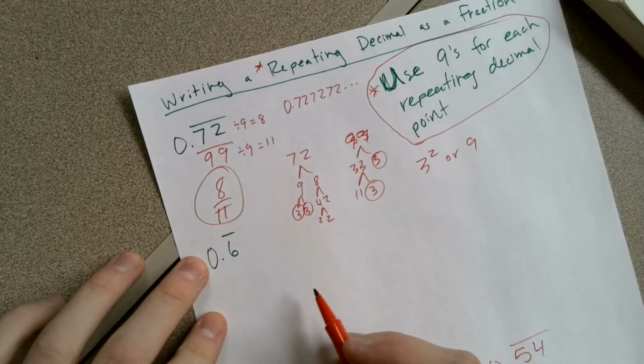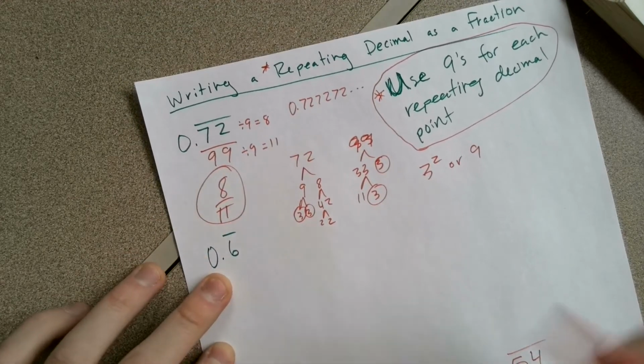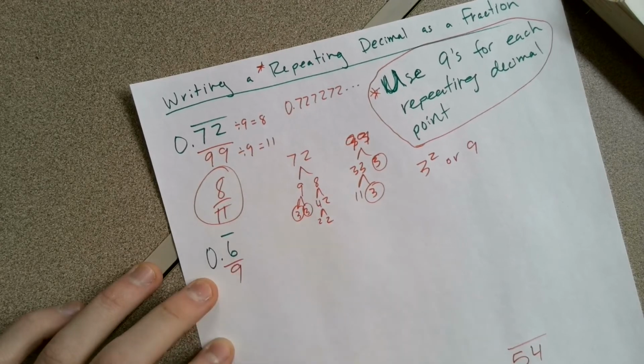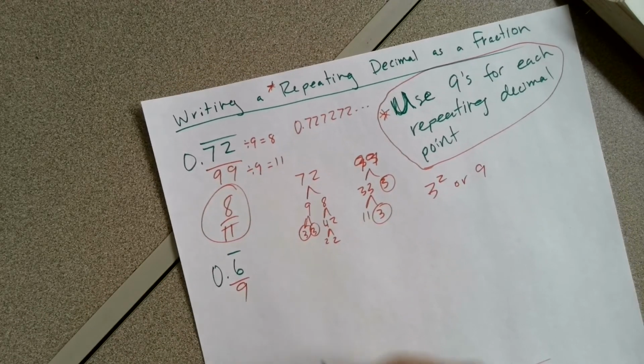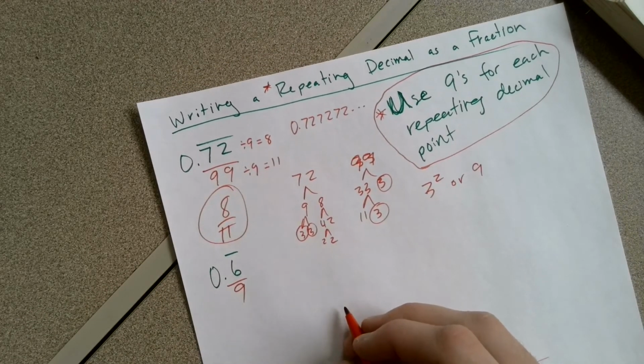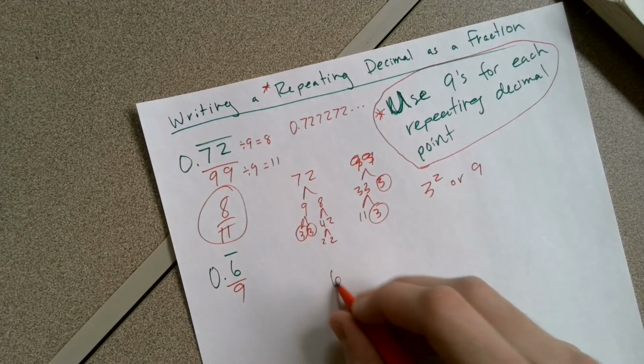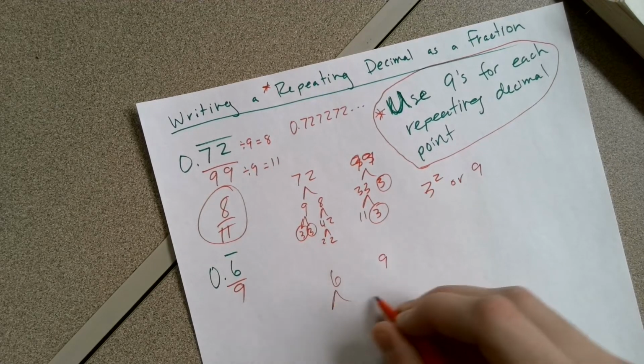Okay, so we're doing our next one here. We have 1 repeating decimal, so we're just going to divide by 1 9. What we're going to do right here is take 6 and 9.